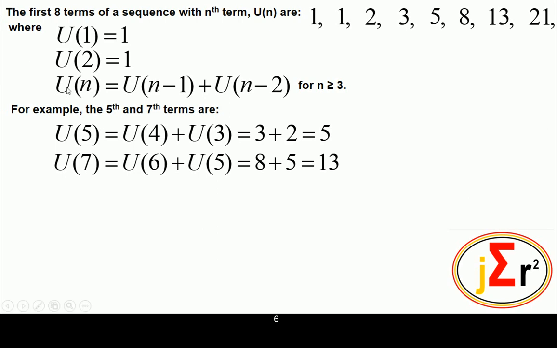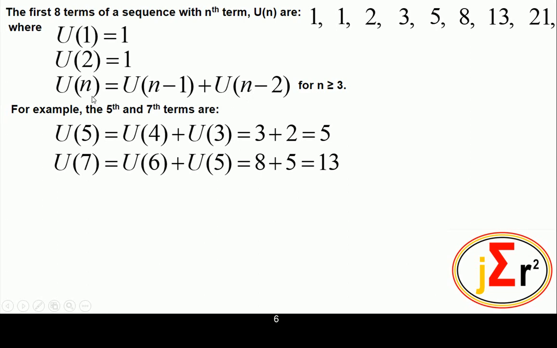Now, if we have un, which is the nth term, n minus 1 would be the term that is 1 less. The term that is 1 less will merely be the term before. And then we have un minus 2, which is the term that is 2 less than the present term.